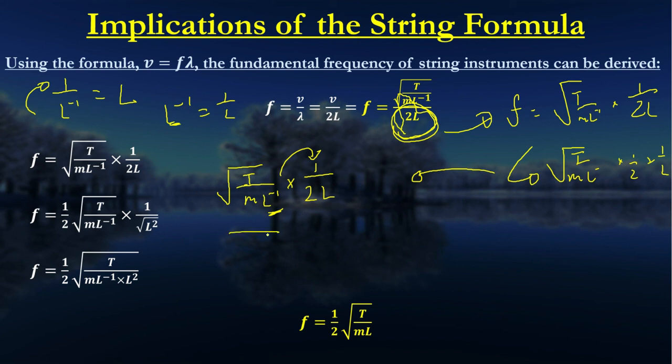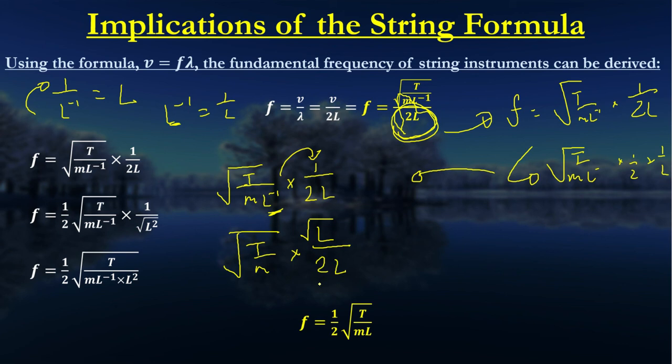So I get my equation as T over m times L. It is also squared, don't forget, so make sure you move that along, over 2L.